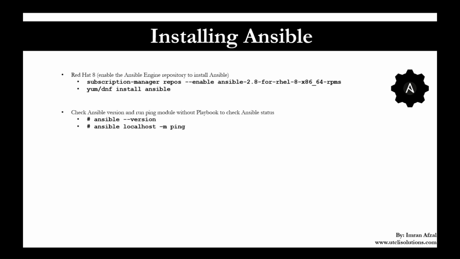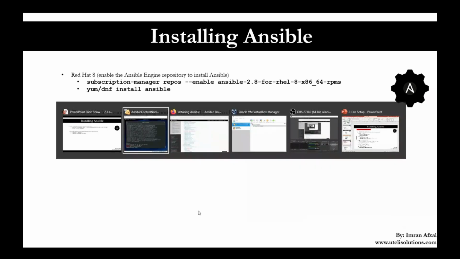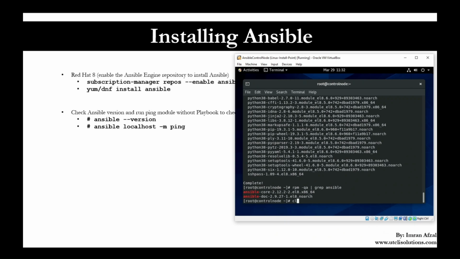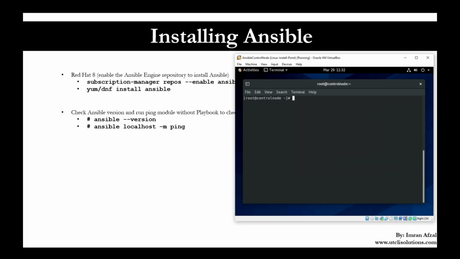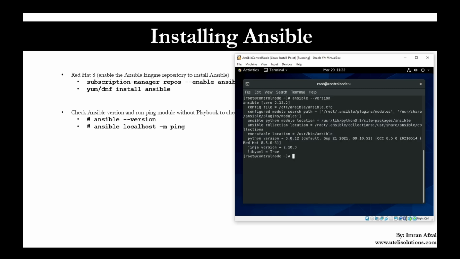All right, so now after Ansible has been successfully installed on your Linux machine, let's confirm. So here is our Linux machine. Let's clear the screen and you will run the command ansible --version. And it will give you the version of the Ansible engine or Ansible software that has been installed. All right, it is there. We confirmed that. Now run the Ansible command module using ping.